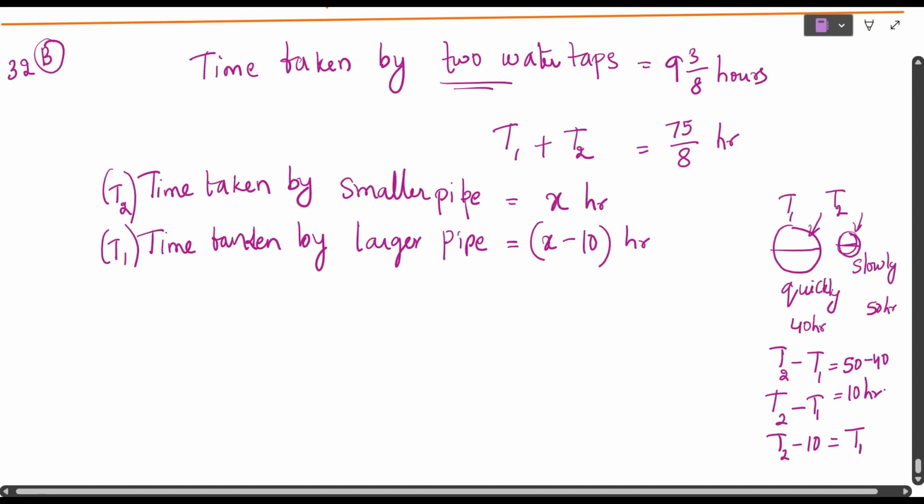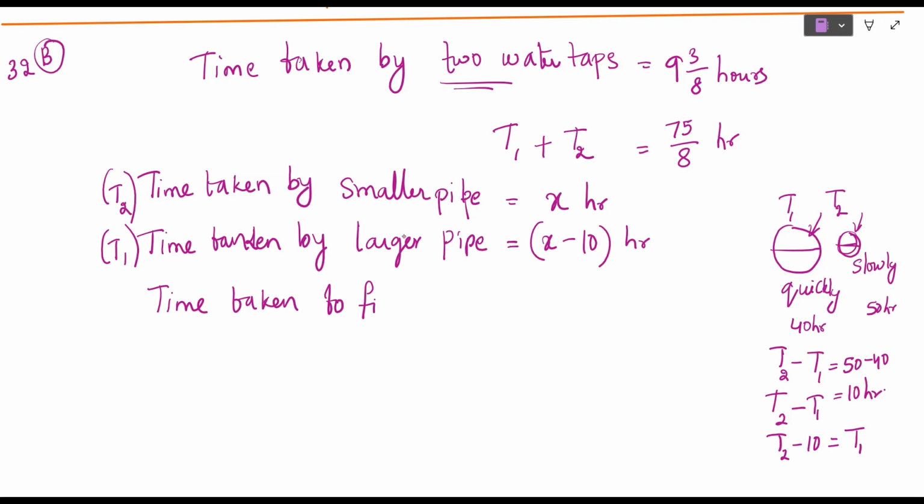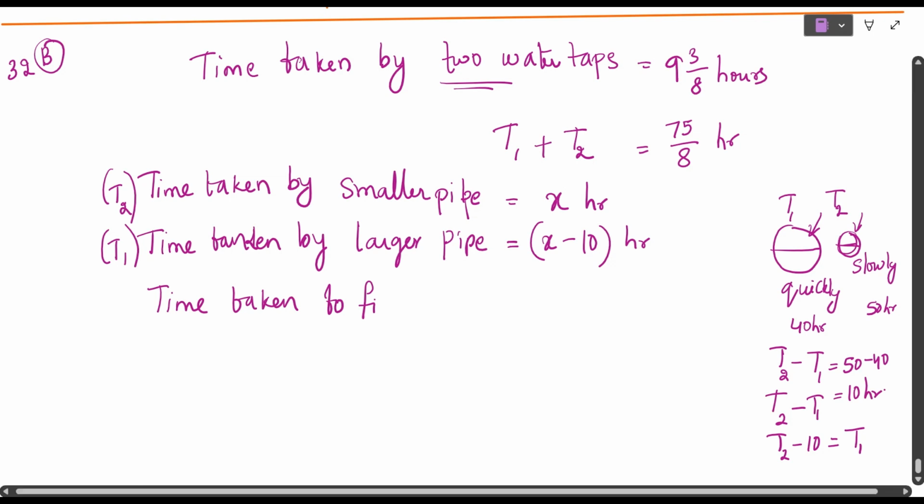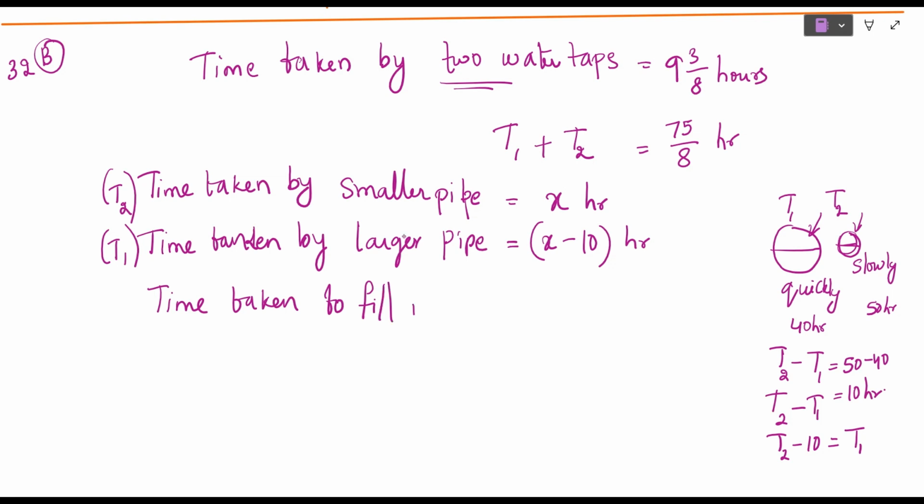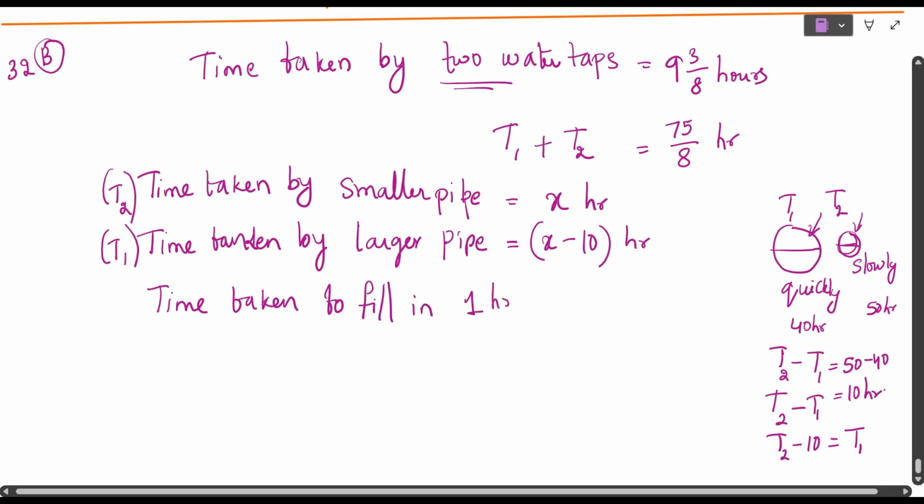Okay. So now let us calculate the time taken to fill in 1 hour. Time taken to fill in 1 hour for the smaller pipe: time taken by the smaller pipe is x hours, so for 1 hour it is 1 by x.